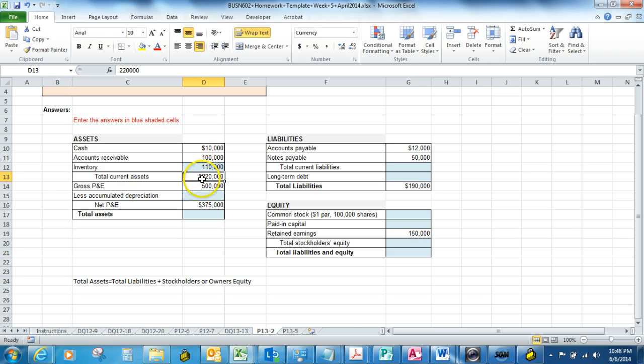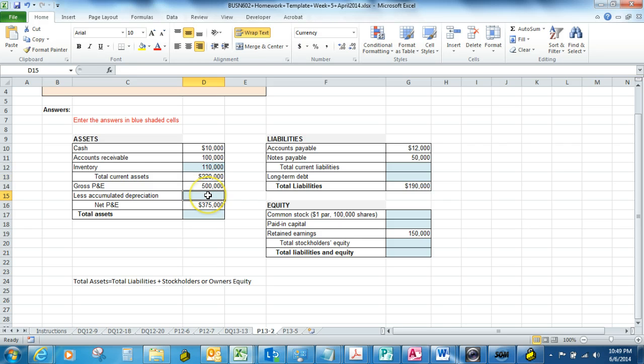Okay, so our 220 has to be the sum of all three of these. So that should make sense. And then our net plant and equipment here is going to be our gross plant and equipment minus depreciation. So we know that this 375 is 500 minus some number here.